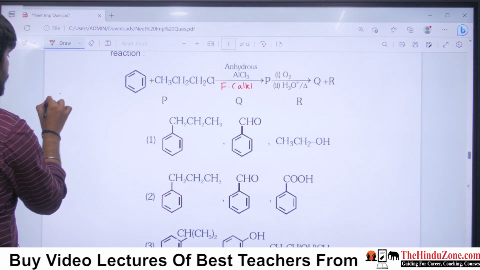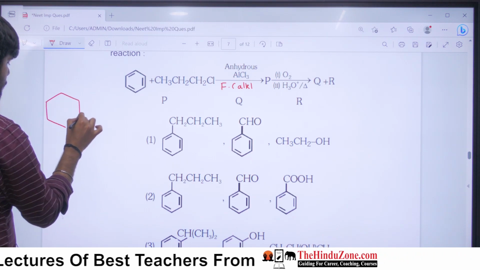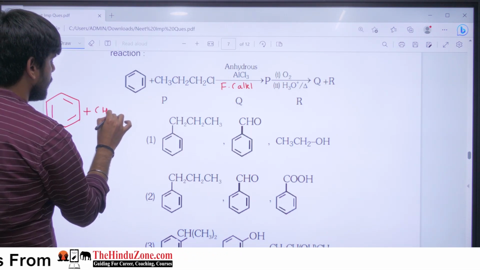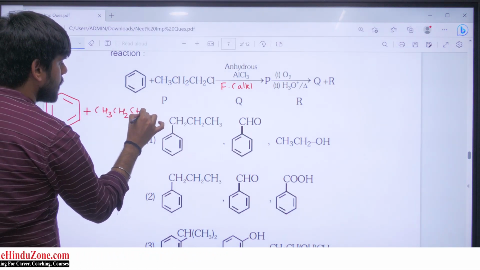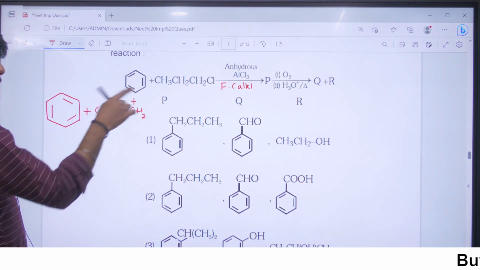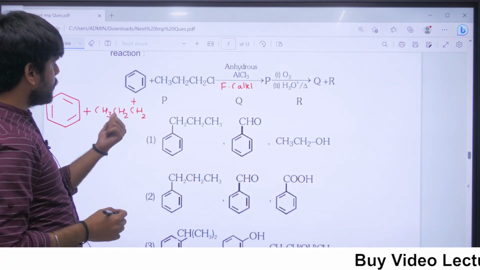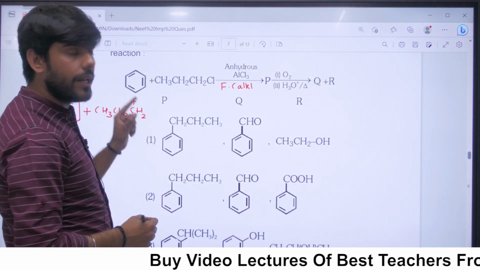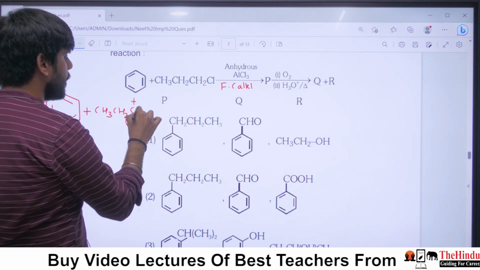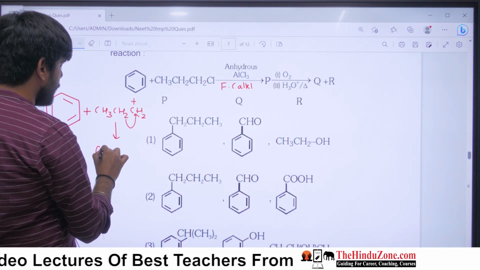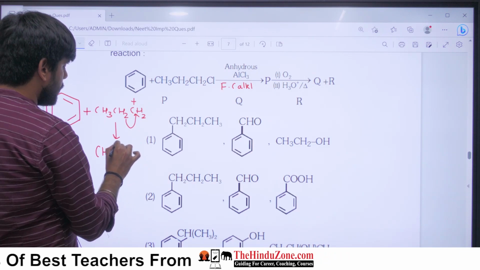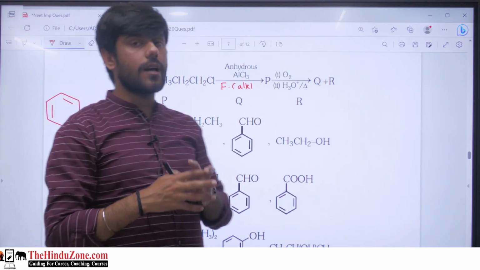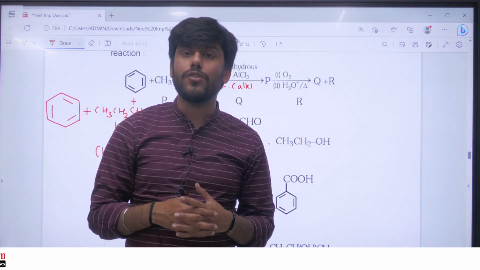In the first step, I have benzene. Benzene on treatment with this, I'll have this kind of electrophile at first, but this is your 1 degree carbocation. I can get a 2 degree carbocation if I shift this hydride over here. This carbocation undergoes rearrangement if possible.